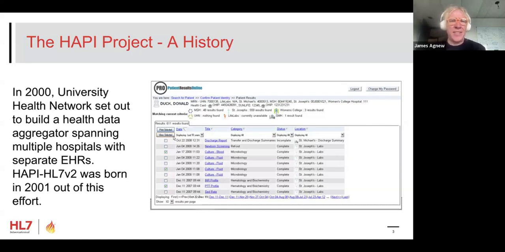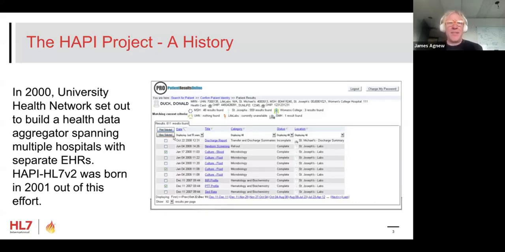A project that they got started way back in 2000 was building a little web-based portal that would share health data results, things like lab tests and imaging summaries, across hospital boundaries. In other words, exchanging data with hospitals in the same general geographic area.